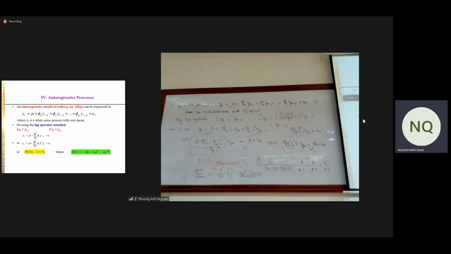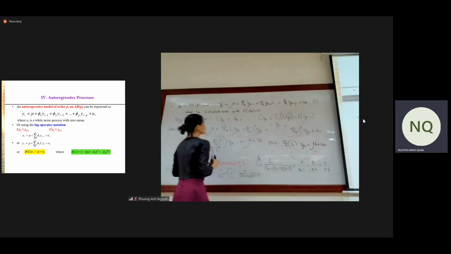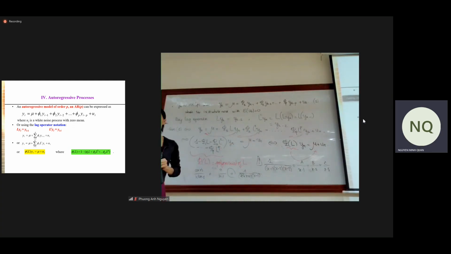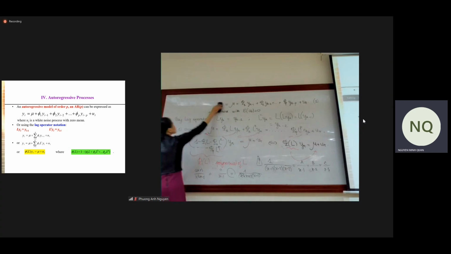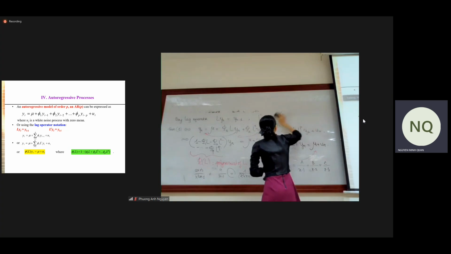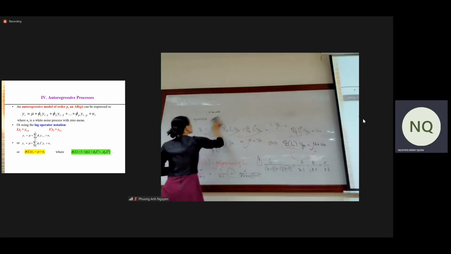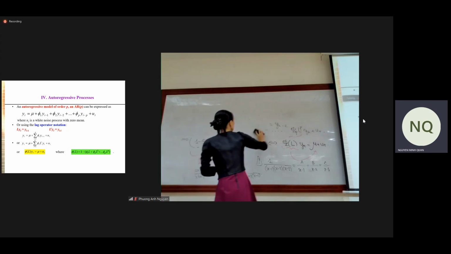So again, using the same idea, now you look at the polynomial phi L. You want to move it to the right hand side, so you take the inverse, right? So it's like 1 divided by phi L. Intuitively, it's like an algebra.